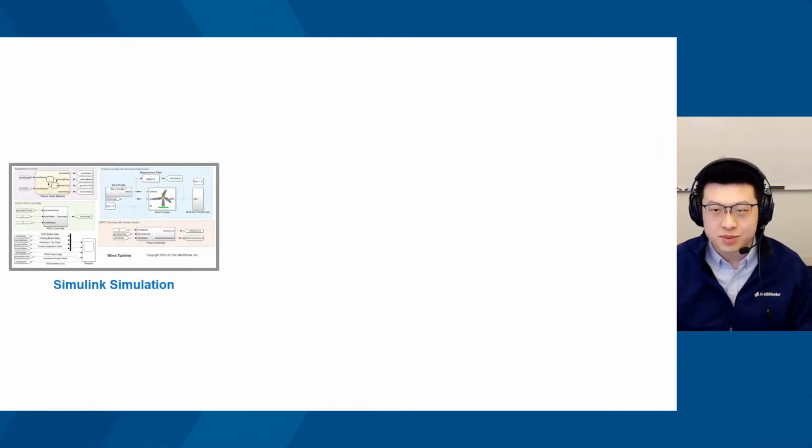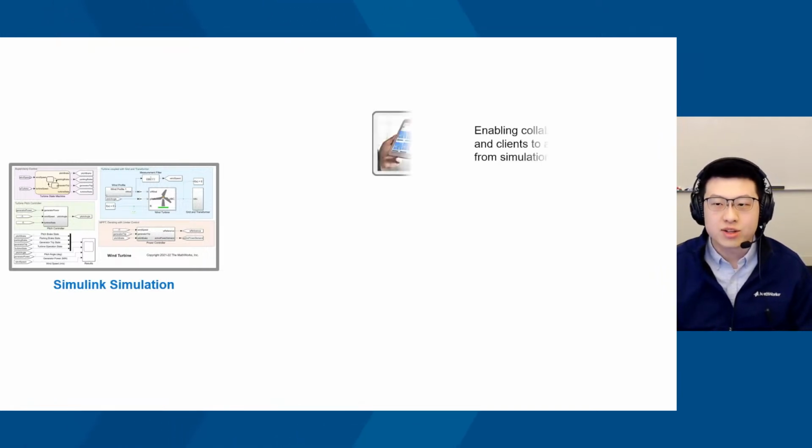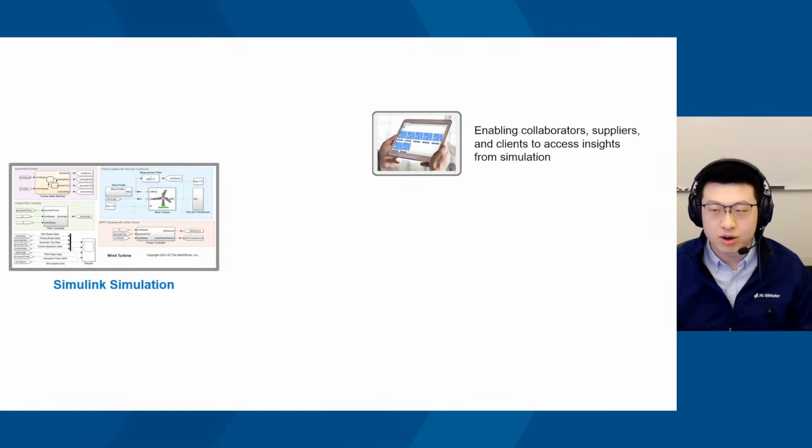Let's say you have built a model in Simulink and you have run some simulations yourself. And at this point, you might want to share the simulations with a larger group of people, for example, your collaborators, your suppliers, or your clients. These groups might not have the same level of modeling expertise or background as you do.